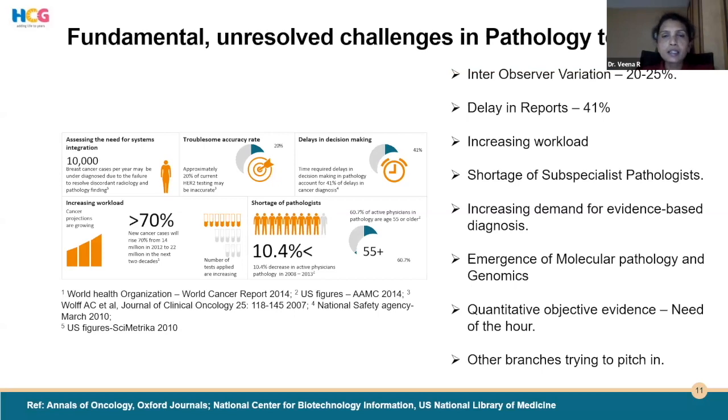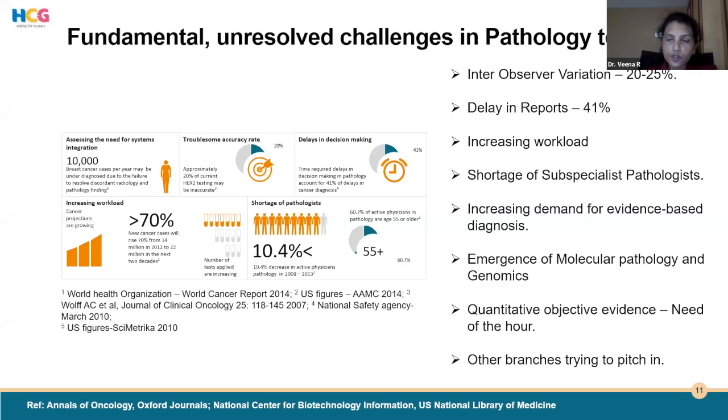And as I said, we are in the era of precision oncology or precision medicine, where a pathology diagnosis has to be substantiated by evidence. That evidence comes from immunohistochemistry, genomics, molecular data, etc. So we have other diagnostic modalities coming up which are supporting pathology, and we have to adopt these technologies; this is all for the benefit of the patient.